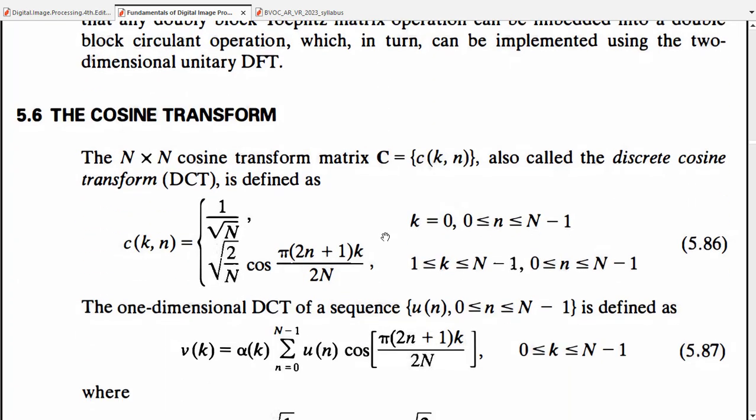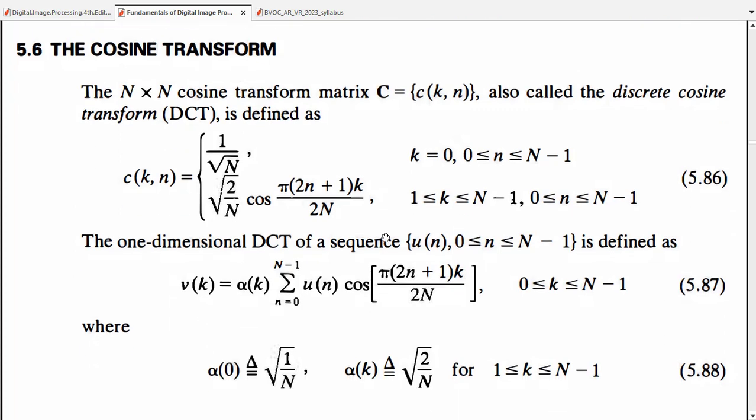For example, the N by N cosine transform matrix C, the set of C(k,n), is also called the discrete cosine transform, DCT. C(k,n) is represented as 1 by square root of N, for k equal to 0 and n in the interval 0 less than or equal to n less than or equal to N minus 1.